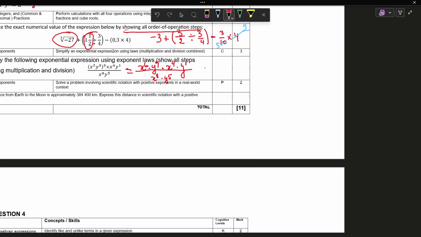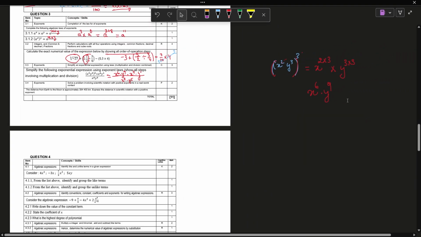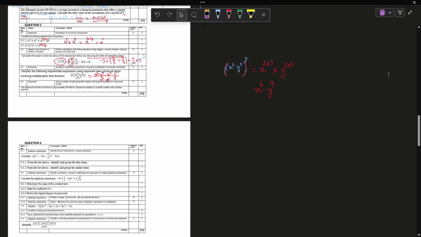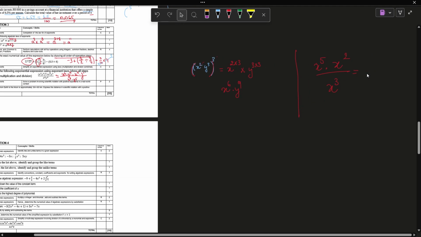Okay, right now we can now express the law. Remember, you also have the exponential law that says when you have a fraction, suppose you have x exponent 5 times x exponent maybe 2 over x exponent 3. What do you get? So basically, this will give us x exponent, because if we are in the numerator, this x is also in the numerator, we don't change the exponent.